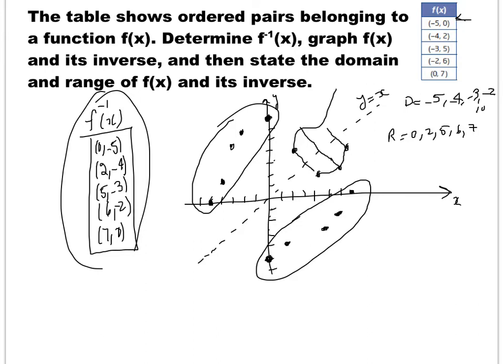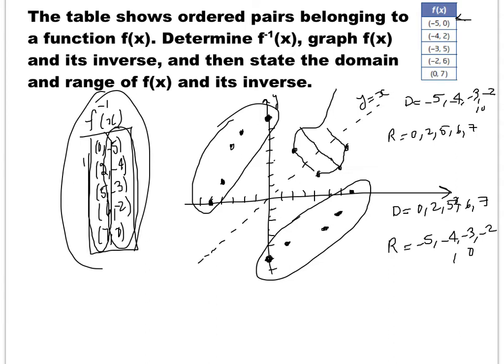So the domain of f of minus 1 is going to be the range of f of x, which is 0, 2, 5, 6, 7. You can easily see from here, these are the x values of the inverse function, and the range is going to be negative 5, negative 4, negative 3, negative 2, and 0, which is the y coordinate of the inverse function.